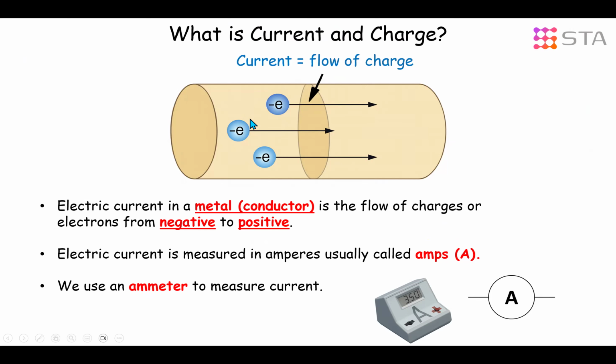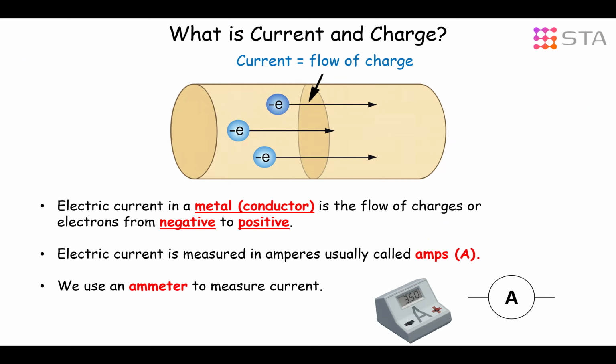Now, the electrons are negative, so they actually come out of the negative terminal of the cell, and then they go around the circuit back to the positive terminal. I know some teachers will often say that current flows from positive to negative, but it is actually negative to positive. But that doesn't matter so much at GCSE.